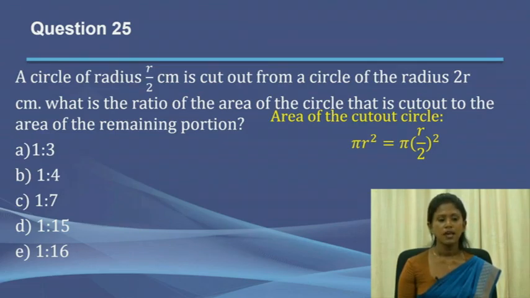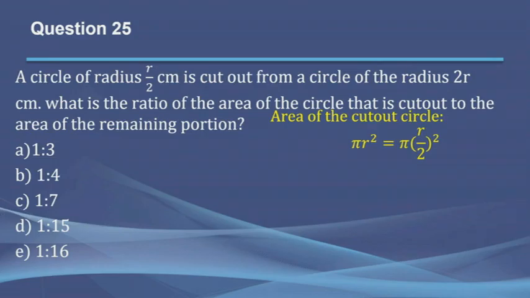Now the area of the cutout circle will equal pi times (r divided by 2) to the power 2. Next we have to find the area of the full circle. We are given the radius of the full circle, which is 2r, so we substitute 2r instead of r. So the area of the full circle is given as this.